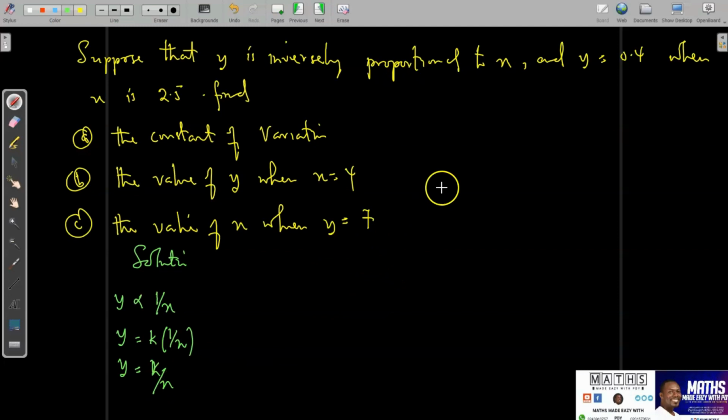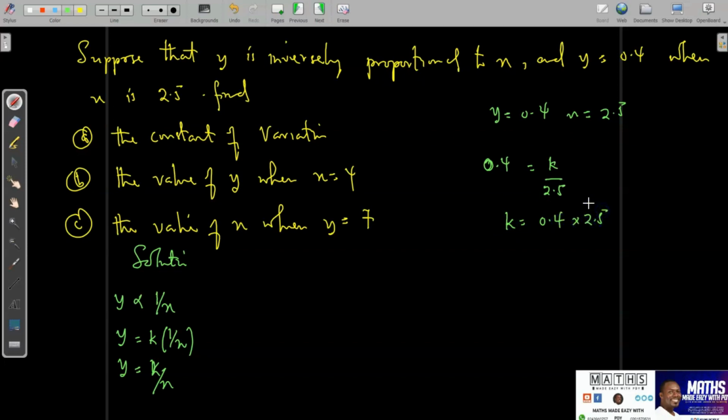When y is equal to 0.4, x is equal to 2.5. Then we are going to have our equation as 0.4 must be equal to k on 2.5. So getting our k value, we multiply through by 2.5. So k will be equal to 0.4 multiplying 2.5.